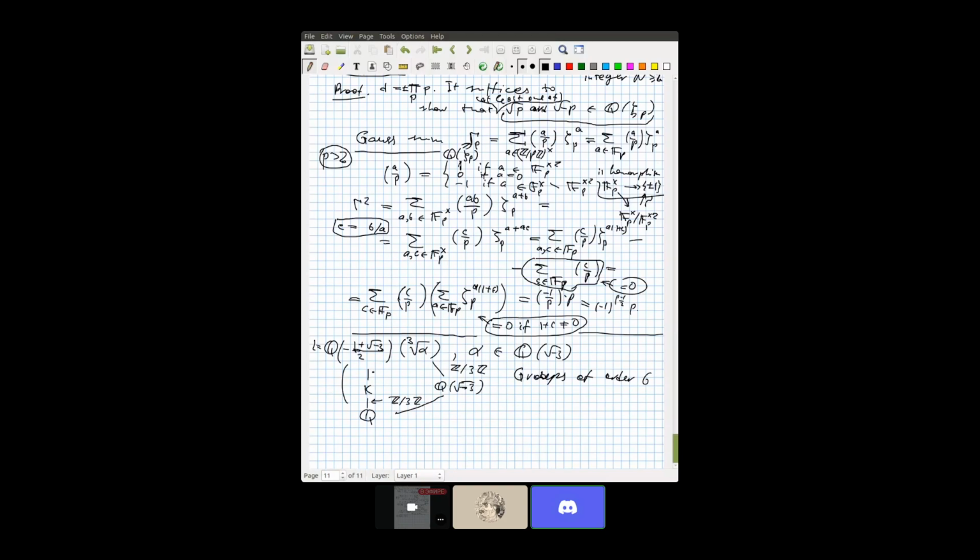So this is a Galois extension, as are all intermediate extensions of order 2, and we want this subgroup to be normal.